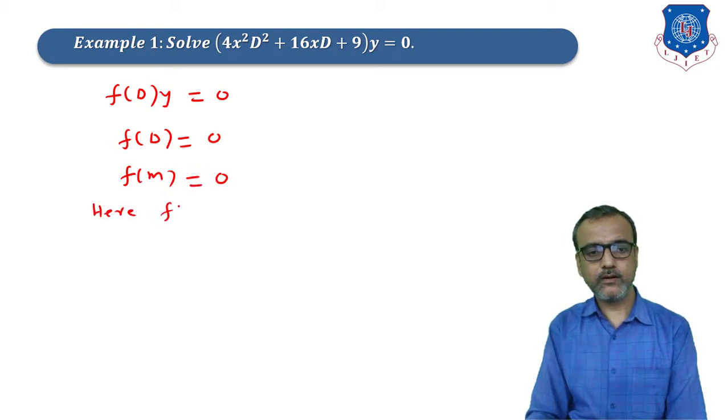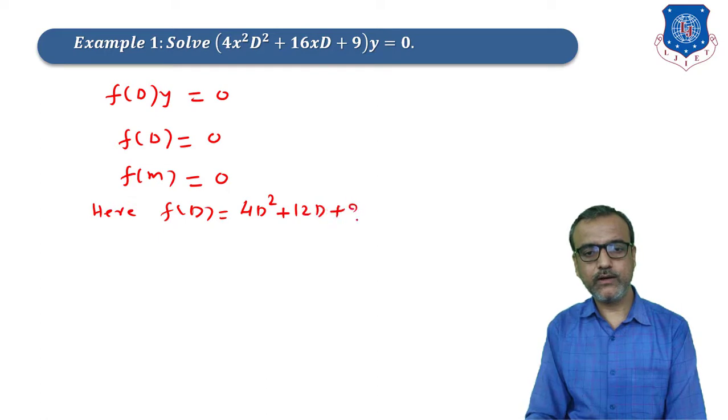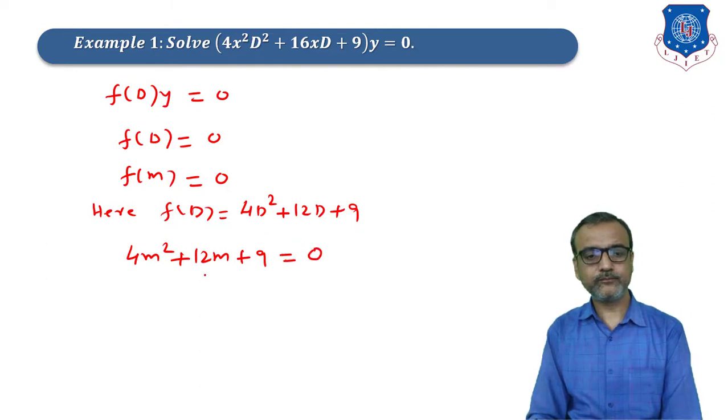Here f of D is 4D square plus 12D plus 9. Now in this function of D we will just replace D by m. So we have 4m square plus 12m plus 9 equals 0.